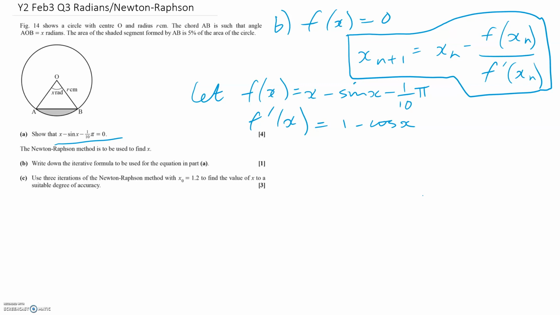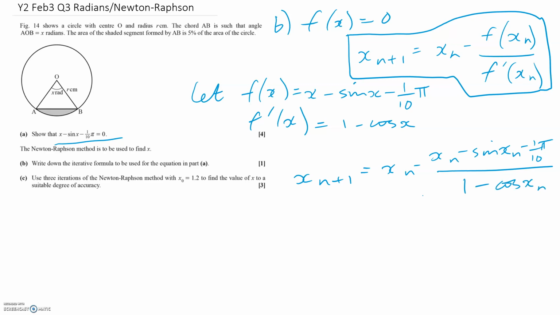So that gives us our formula of xn plus 1 equals xn minus the original function, which is xn minus sine xn minus 1/10 of pi, all of that over the derivative, which would be 1 minus cos xn.